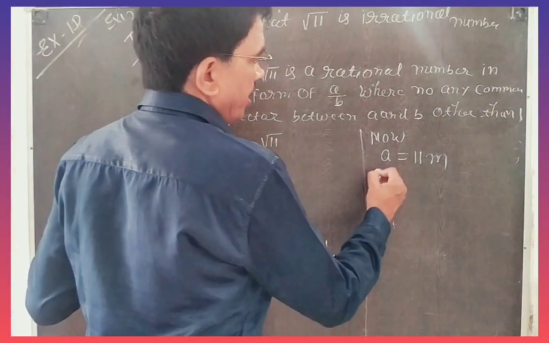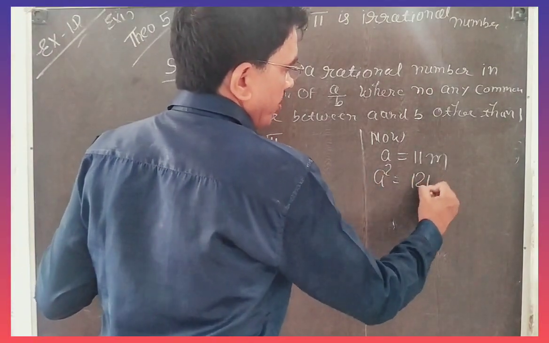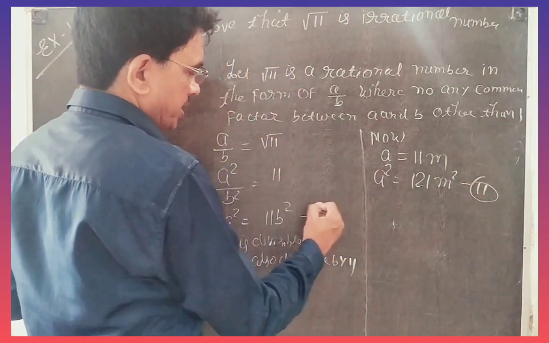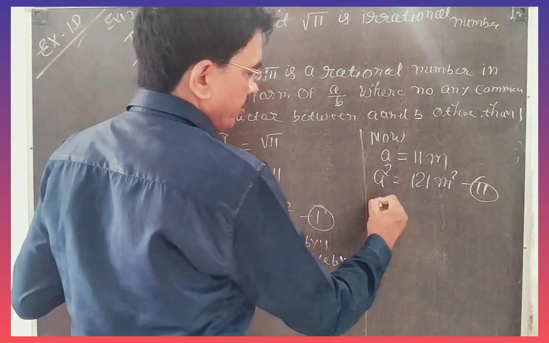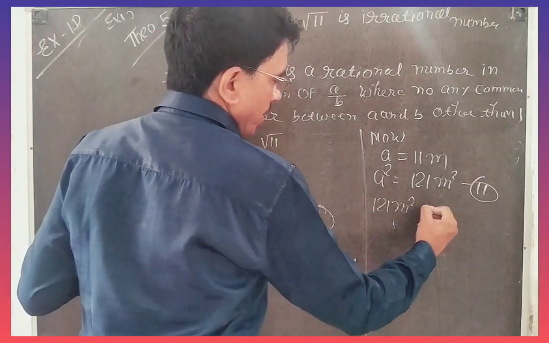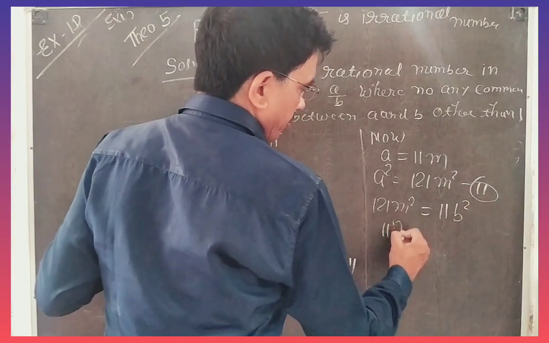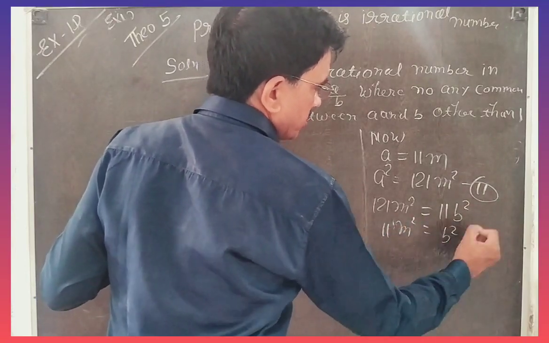So a square is equal to 121m square. Second equation, and first equation is here. Now substitute their values. 121m square is equal to 11b square. Then it is 11m square is equal to b square.